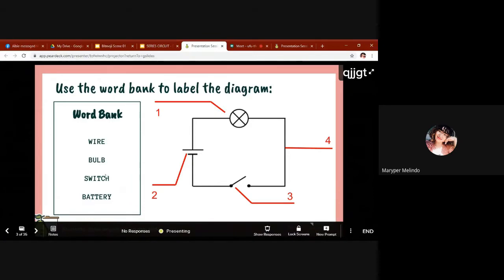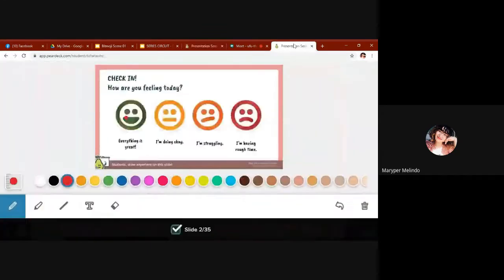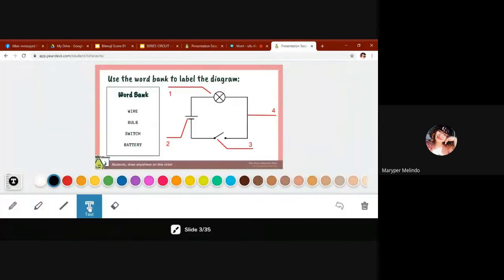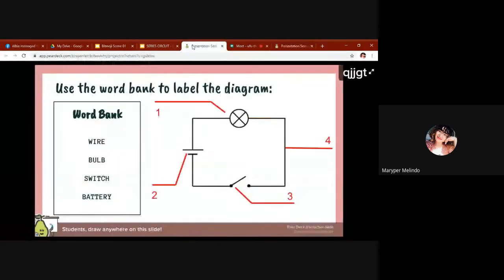You can see here wire, bulb, switch, and also battery. Then what I want you to do is to type in. So you have here, this one, click the text, and then click here, and then type in your answer. So what is your answer for number 1, for number 2, for number 3, and for number 4?